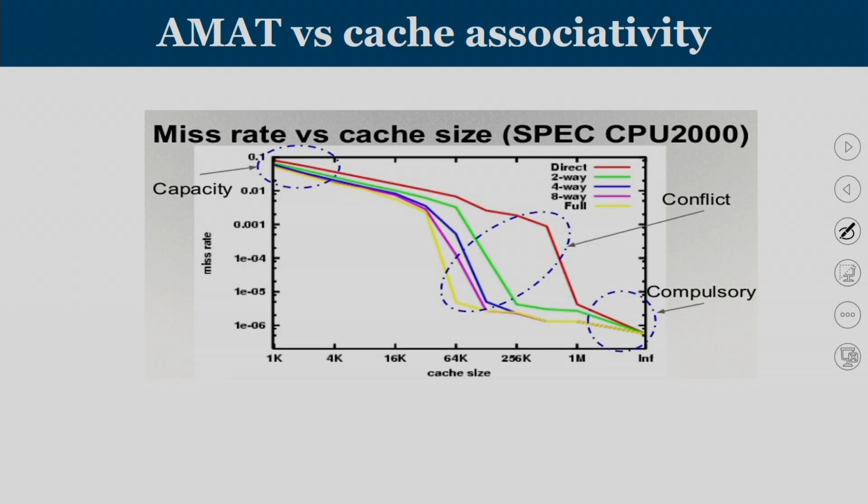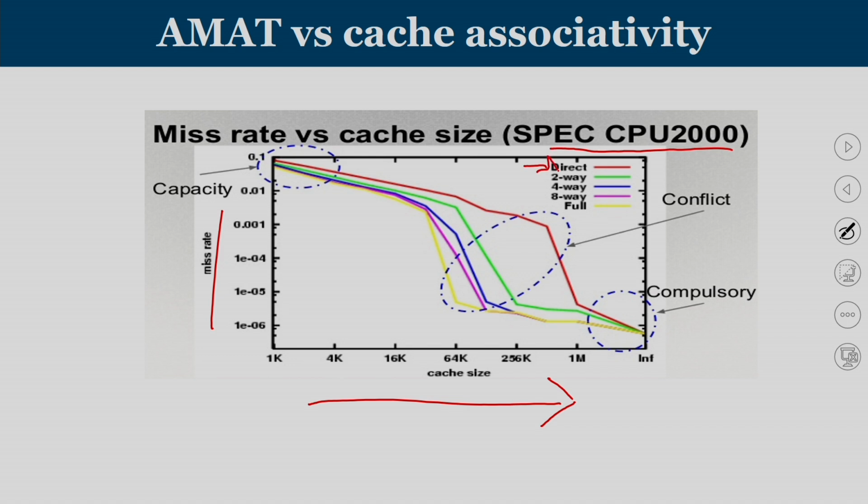Let us see an example taken from the SPEC 2000 programs, one of the representative programs. We are trying to increase the cache size, and on the y-axis we have the miss rate. Assume the red one is the direct mapped cache.